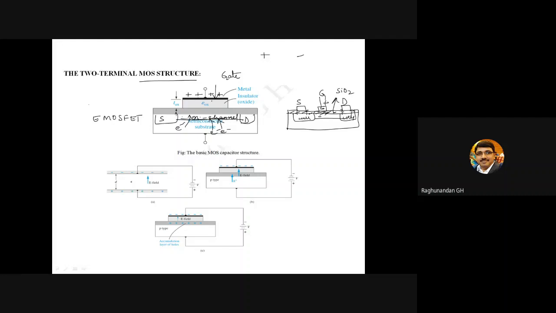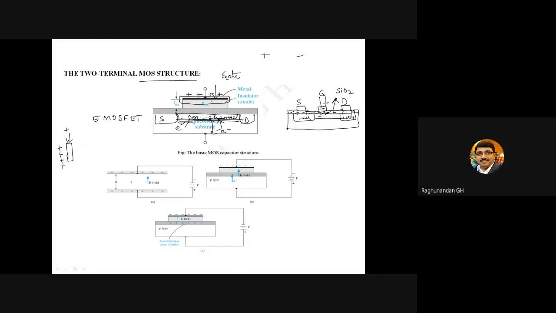From this, what we understood is that the channel or layer here will always be opposite to the contact here. So now I'll take a conducting material and make it completely positive. I'm going to feed it with positive charges.